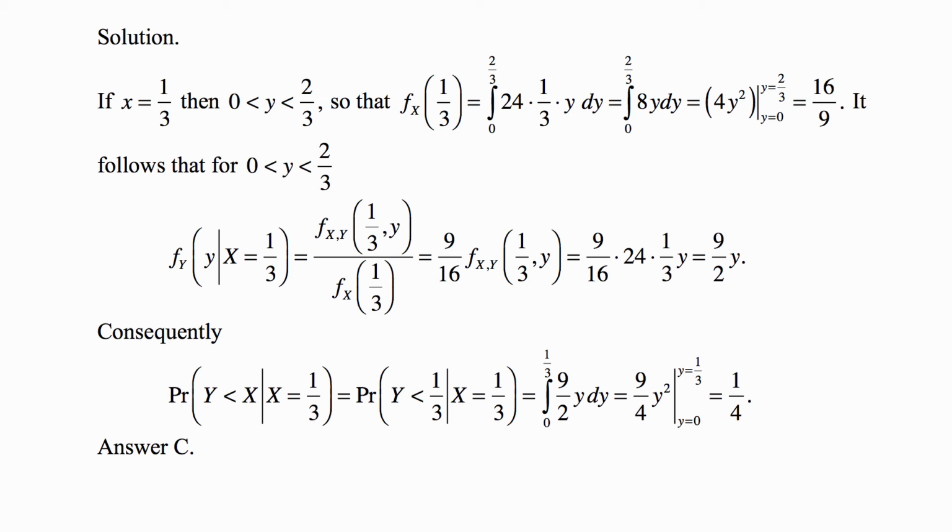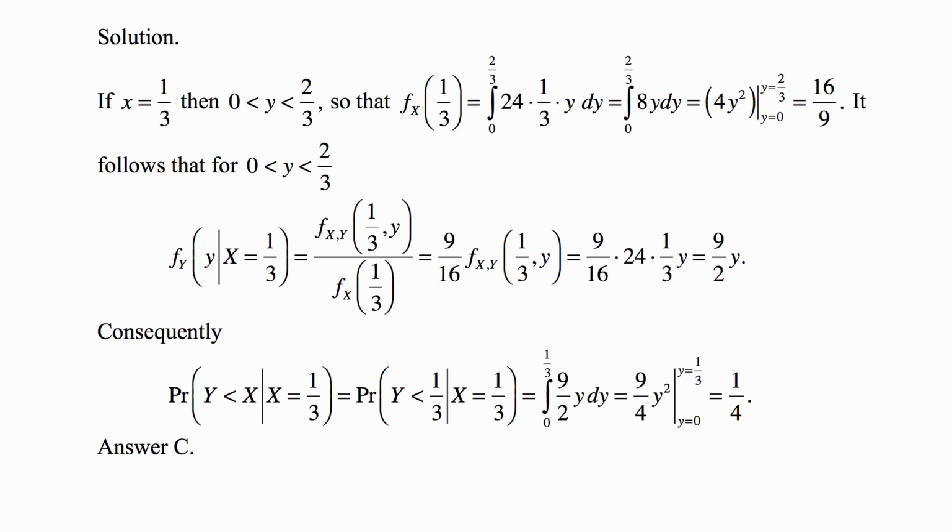So this is 9/16 times f sub xy of 1/3 and y, which is 9/16 times 24 times 1/3, the value of x, times y. Okay. That is the same as, because 3 times 16 is 48, 24 divided by 48 is 1/2, so this is the same as 9/2 y.